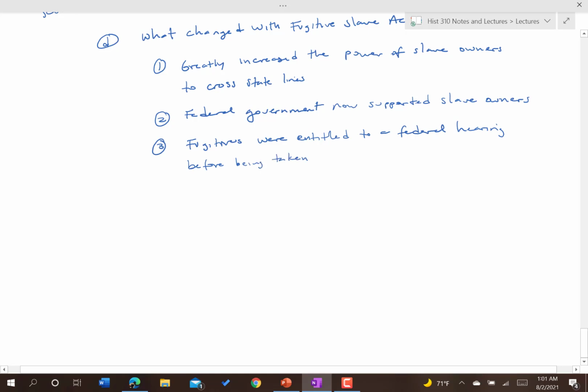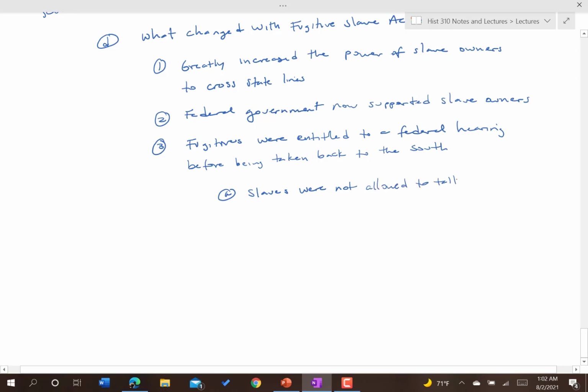But the problem with this is that the potential slave, because they weren't always slaves, it was sometimes free people that were captured, is that those who were considered slaves were not allowed to talk or defend themselves.